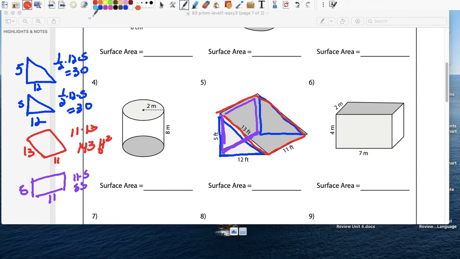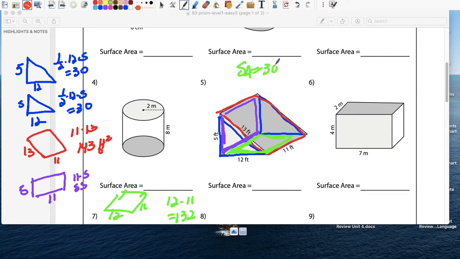Okay, and then we're missing the last part. The last part I'll do in green is the bottom. That's 11, and this is a 12, right? So it's a 12 by 11. 12 times 11 is 132. Now we can find our surface area.